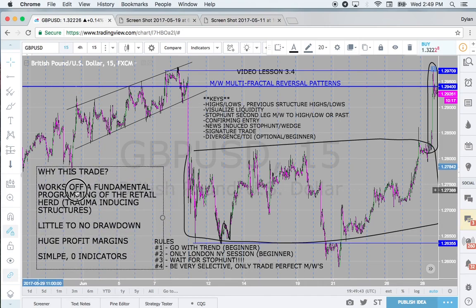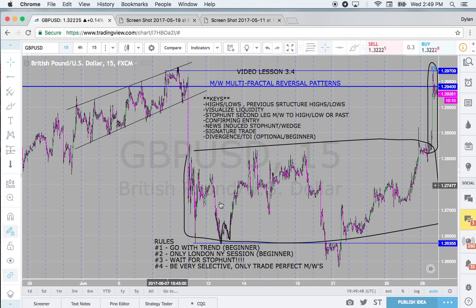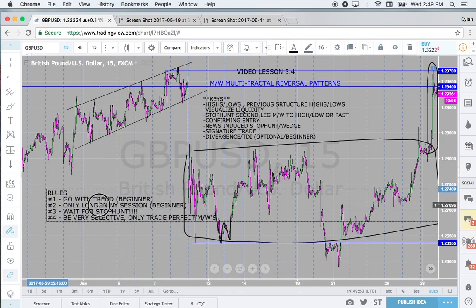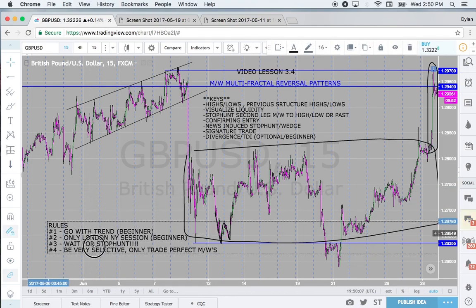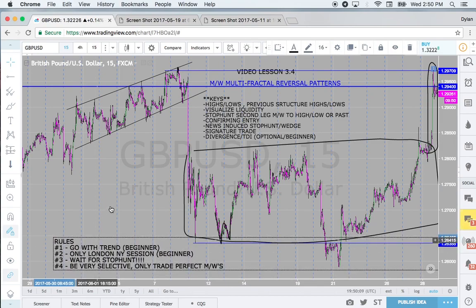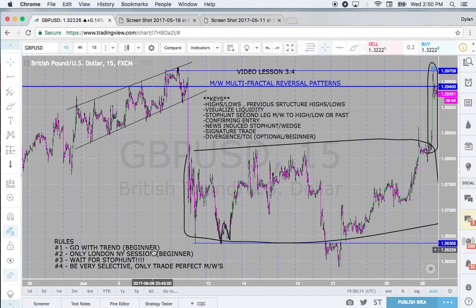Alright. Why this trade? We went over why this trade is an amazing trade. Now, some of the rules. Go with the trend. Going with the trend, you will pick up more pips, obviously, and going with the trend is just more reliable, especially when you're a beginner.